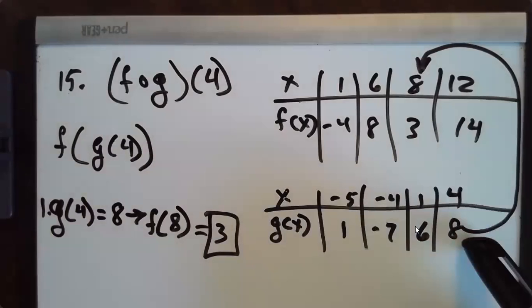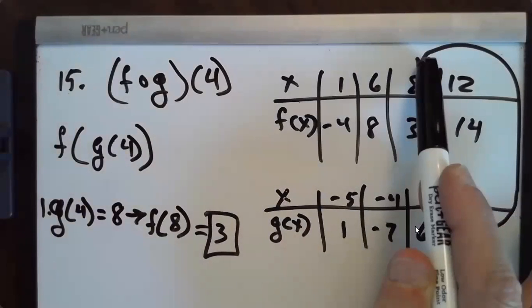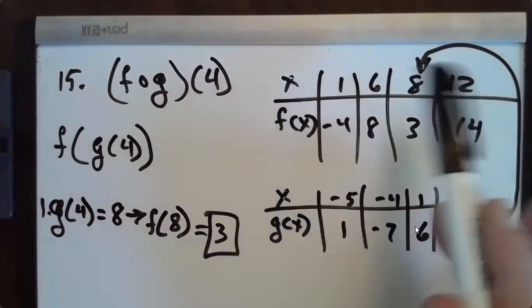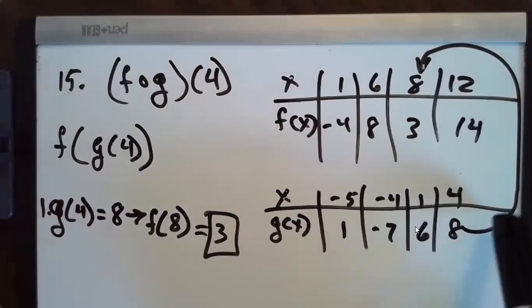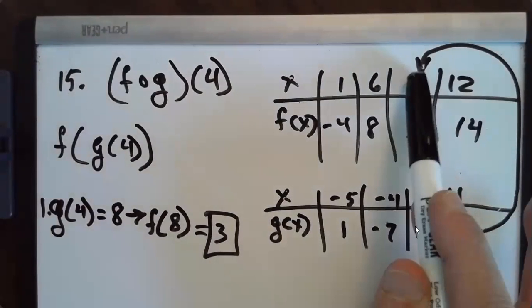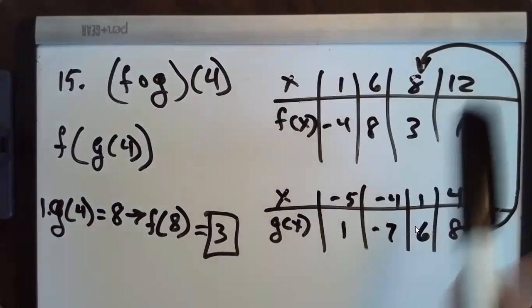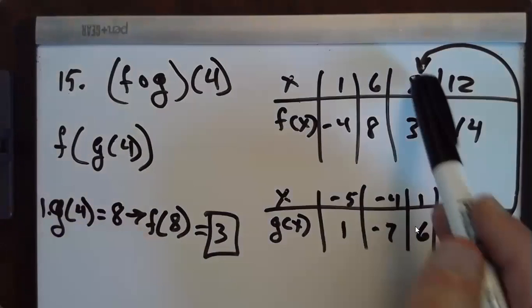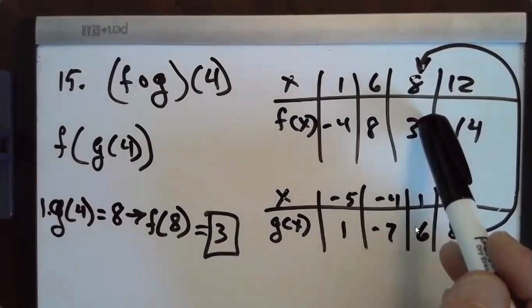So the output for g of x is going to be the input for f of x. So this number is going to be the same number that goes into f of x. And that's what I was showing here. So whatever you have here is what's going to come out, and you get your answer, which is 3.